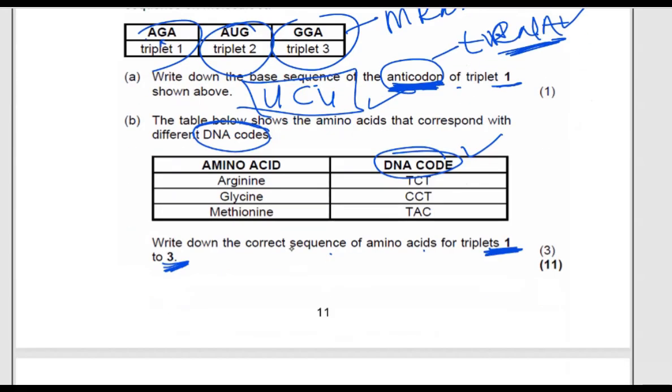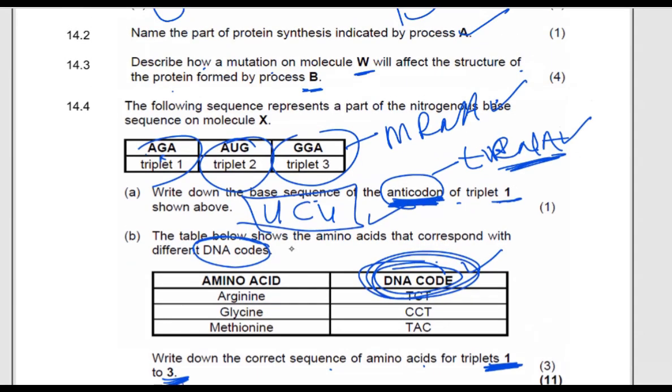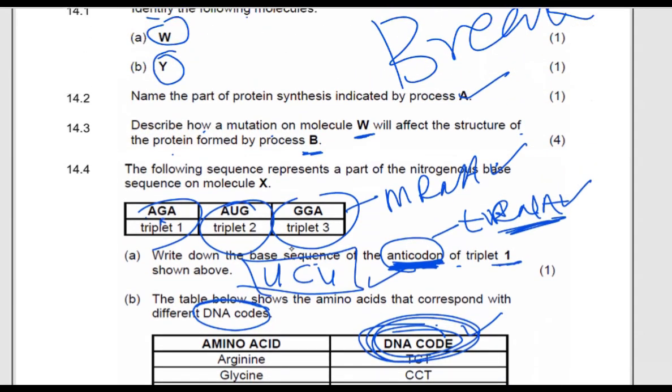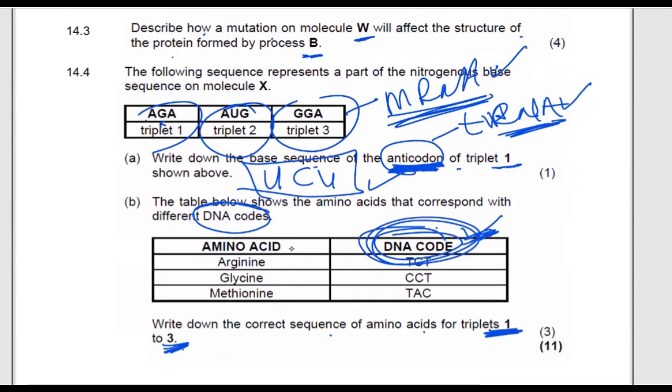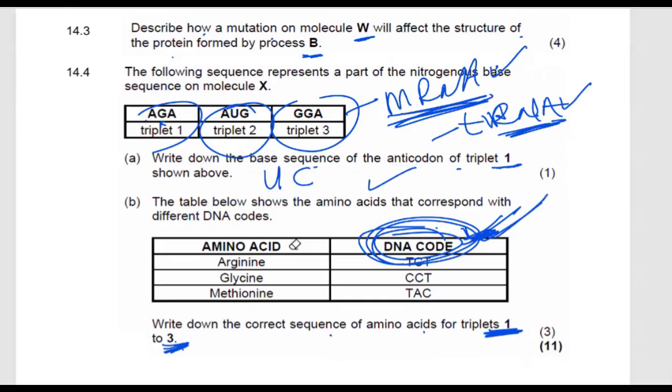Then they're saying write down the correct sequence of amino acids for triplet number 1 to 3, but they gave you DNA. Meaning that what I'm going to do is, because this is messenger and this is DNA, I have to convert the messenger into DNA. Because what is here is DNA and what is given is messenger. Therefore, I have to convert this messenger and put it into DNA.